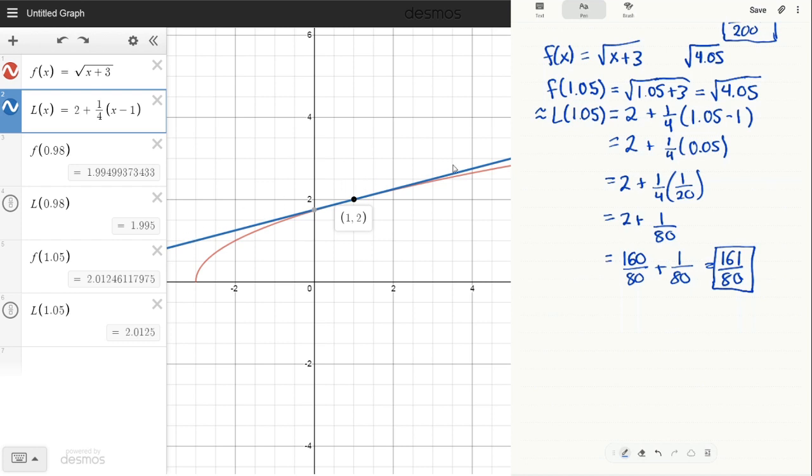Notice that the tangent line is sitting above the function, and because we're using the tangent line's values to approximate the function values, we know that these approximations are going to be overestimates. If the tangent line was sitting below the curve, then the approximations would be underestimates. So because the tangent line is sitting above the function, we know that our approximations are going to be overestimates.